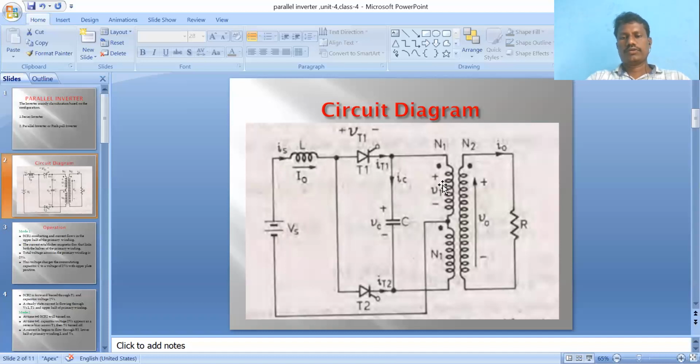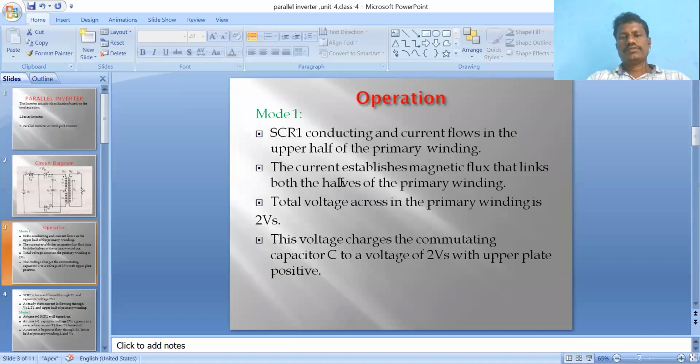V1 is the first portion of the primary, V0 is the voltage across the load, where N1 is the number of turns of the primary and N2 the secondary turns of the transformer. Clear? In the operation of the parallel inverter, there are three modes of operation.